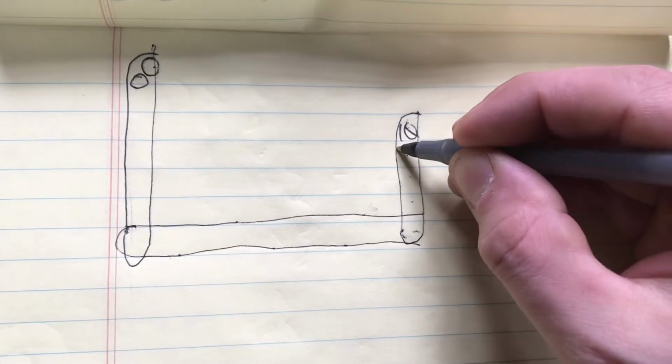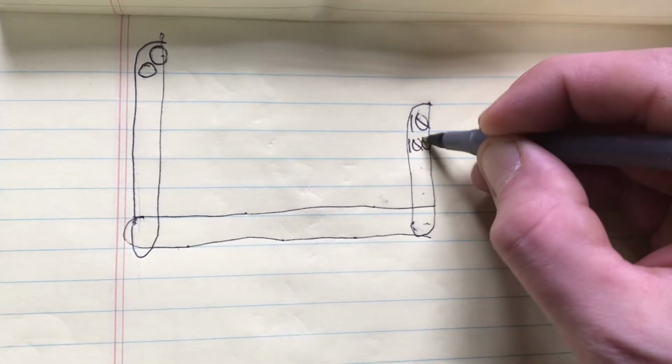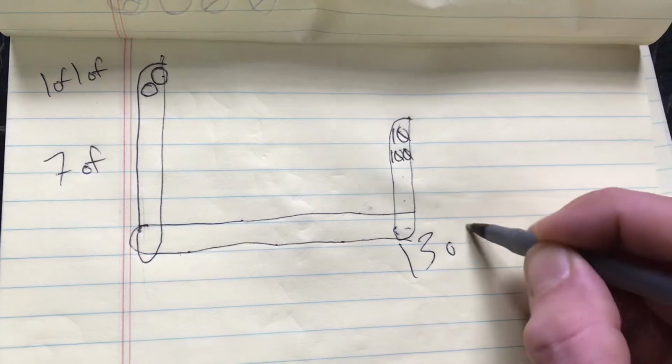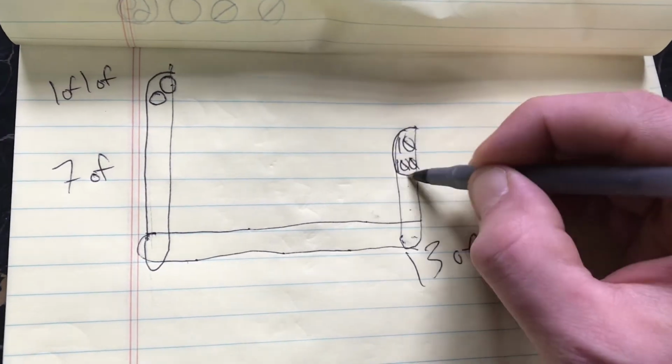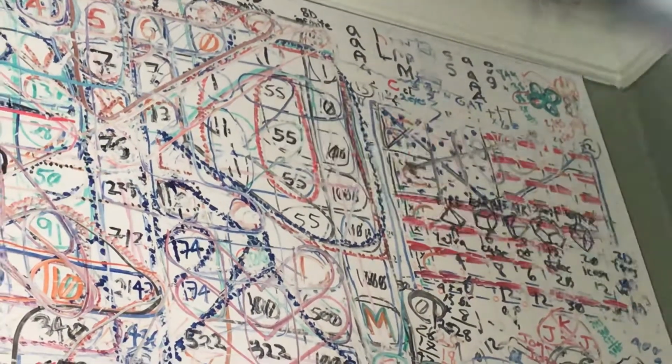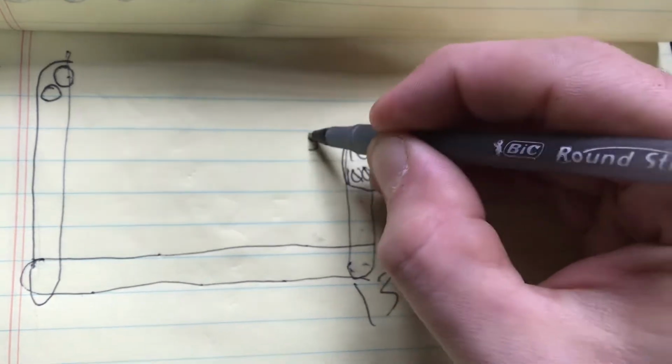No kidding, the one under it is 100. So this is a 1 of 1 of 7 of 13 of, wow, 110 of, oh wait, if you don't want to reuse the 10 and 100, how about we just use 255? That's also 110. Let's do that instead.